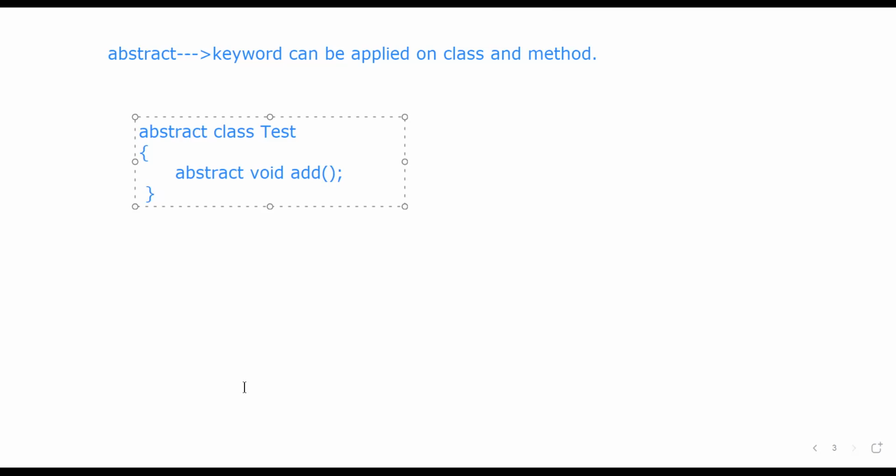Abstract is a keyword in Java that can be applied on a class or a method.